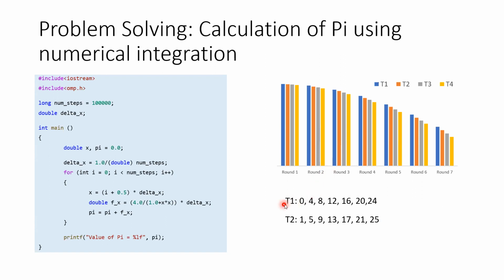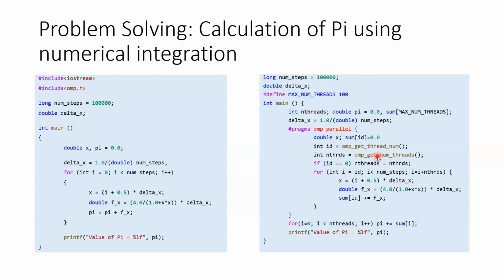If you see T1, it is mod 4. So here mod 4 is 0, mod 4 is 1, and so on. You can specify any strategy and control your execution by mapping that strategy to thread ID. Once you know your thread ID, you should know what set of strides to compute or operate on.